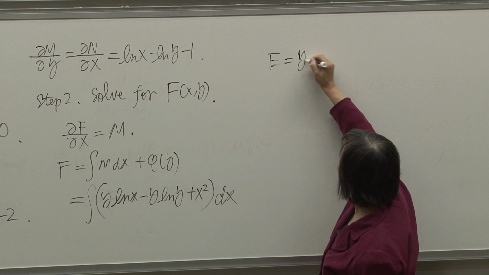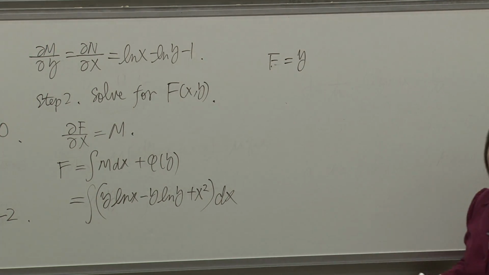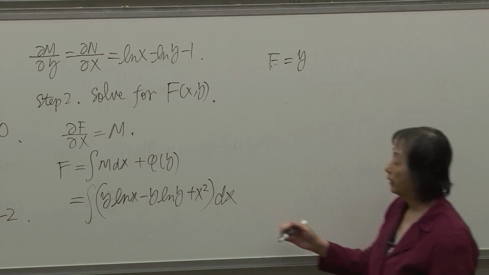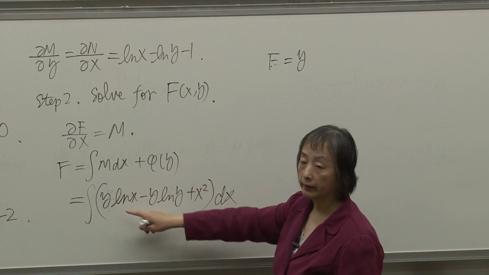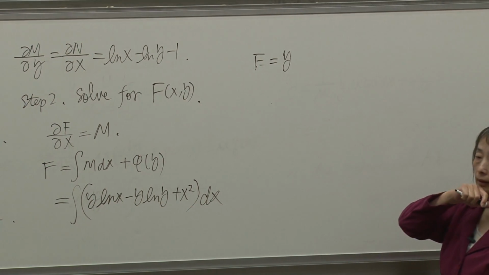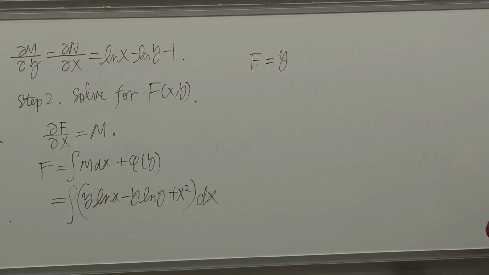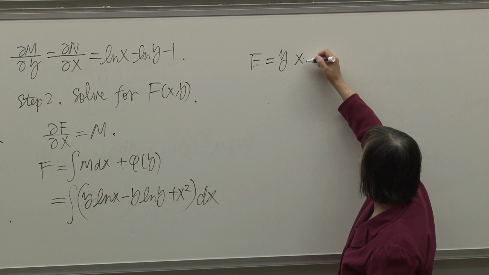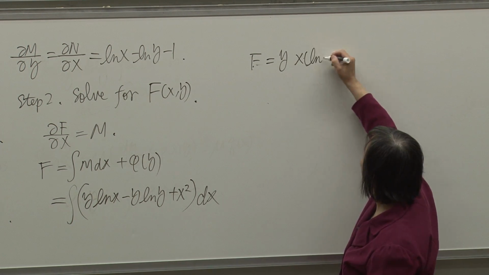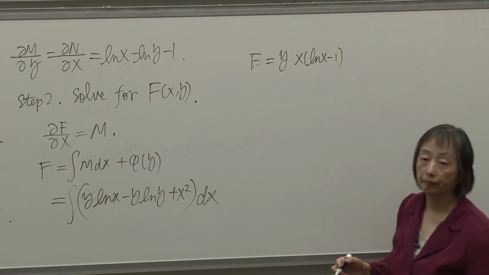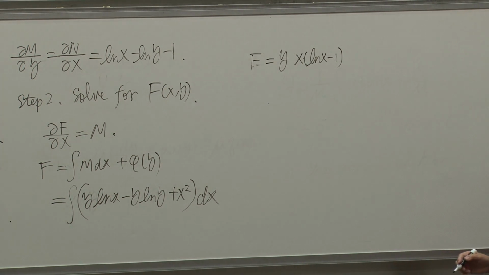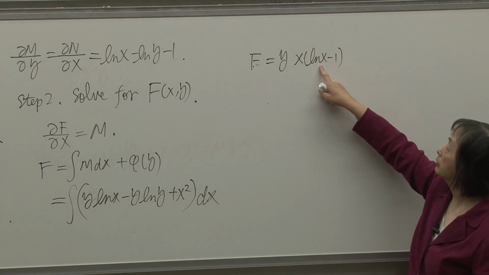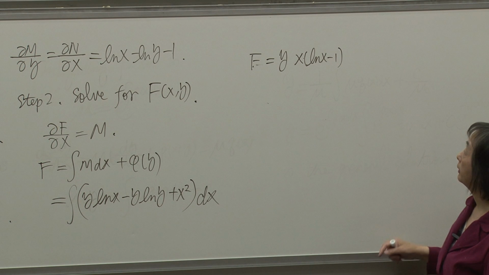So for the first term, we keep y exactly the same and integrate log x. Do we remember what's the integral of log x? It's x times log of x minus 1, right? Because we have x times the quantity log x minus 1.